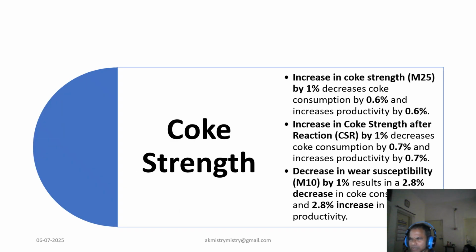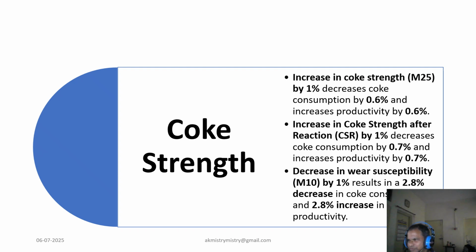Coming to the coke strength, which itself is a very important property that is to be maintained by the blast furnace operators. So coke strength is important in terms of its micum value.